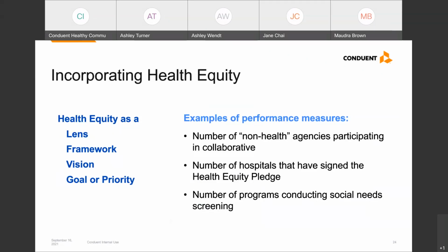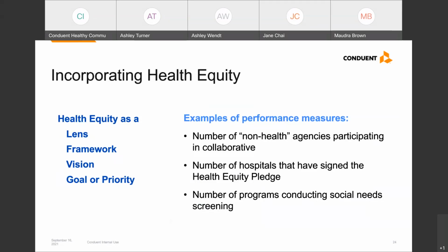Some might use a framework similar to the one we showed you that helps them consider social inequities and living conditions in their planning. For others, it might be a part of their vision statement, and some will have it as a goal or priority. We're not pushing any recommendation, but we want to acknowledge that there are many different ways that communities can approach this work, and that is okay.